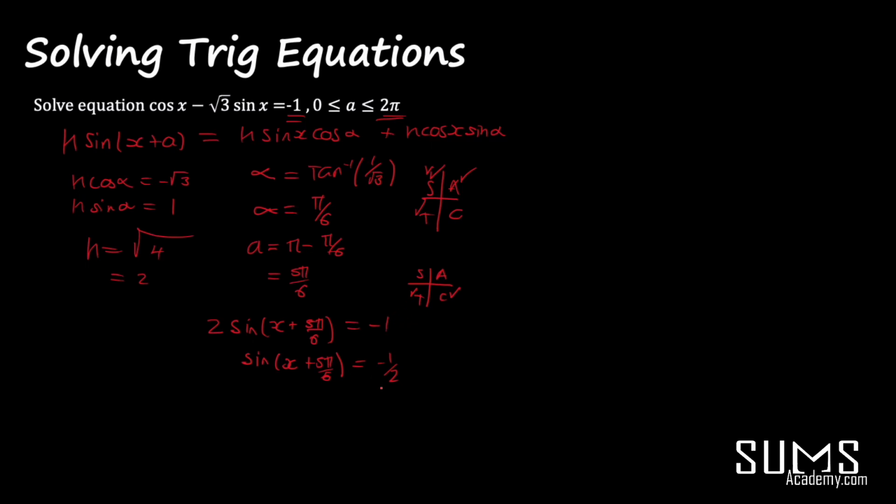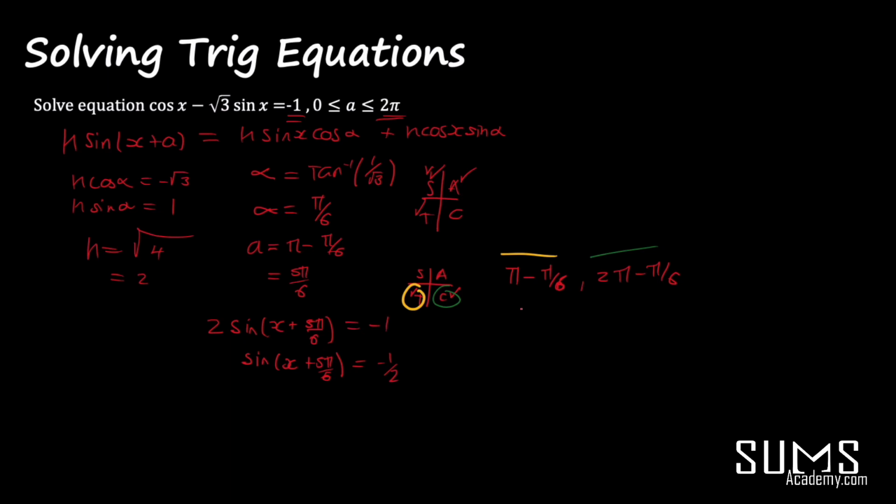But it's not pi over 6 here. Remember, it's going to be pi plus pi over 6 and 2 pi minus pi over 6. This is from here and here.